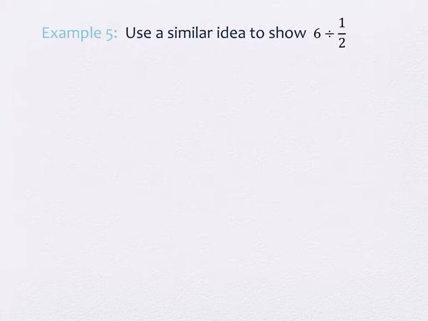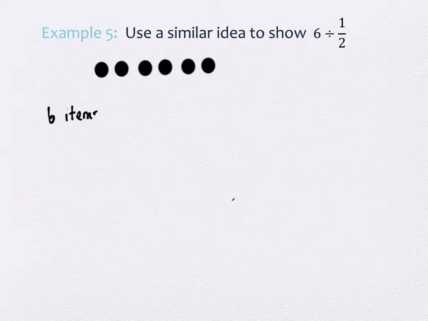So again, I have 6 items. And instead of groups of size 2, I'm going to make groups of size 1/2.